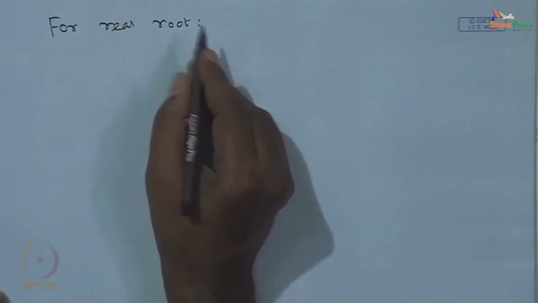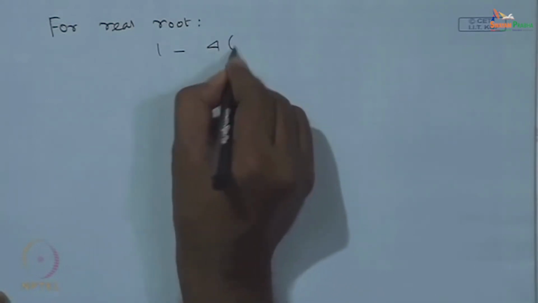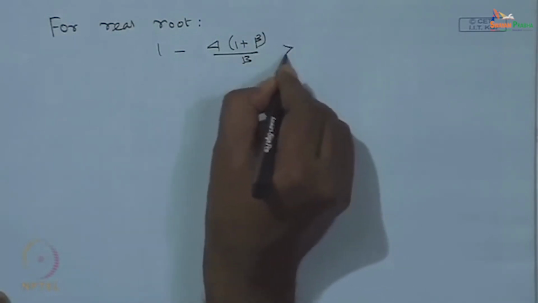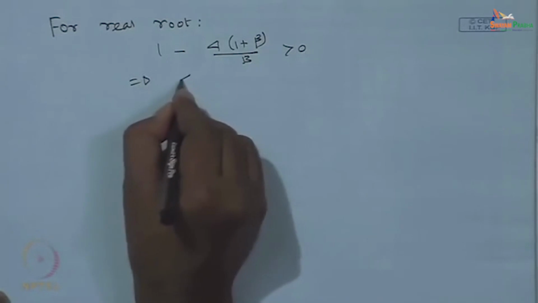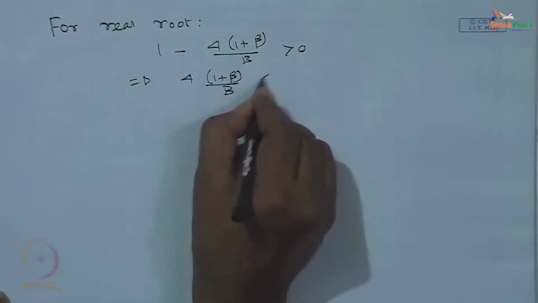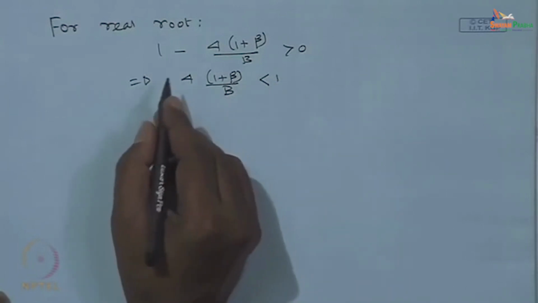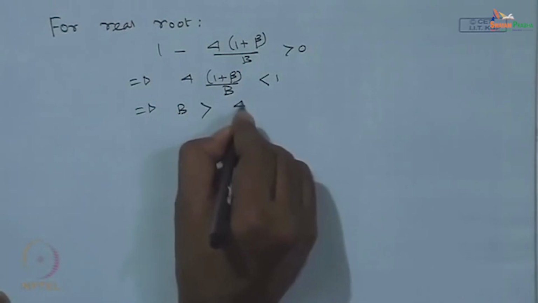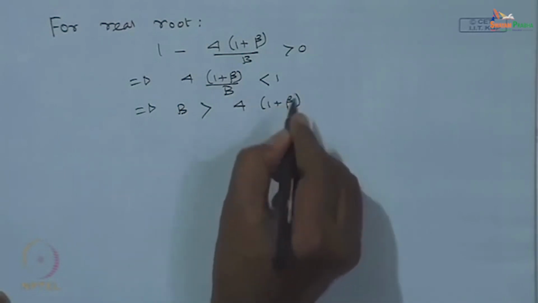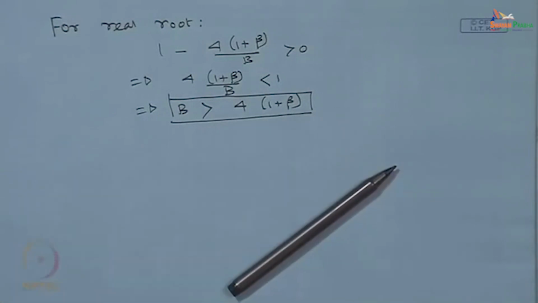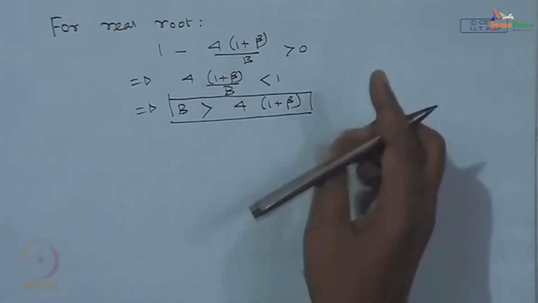Therefore, 1 minus 4 into 1 plus beta divided by b should be greater than 0. So 4 into 1 plus beta divided by b should be less than 1, and we get b greater than 4 into 1 plus beta. This is the condition for this particular problem in order to have multiple steady states.